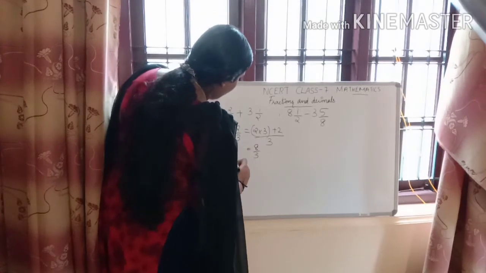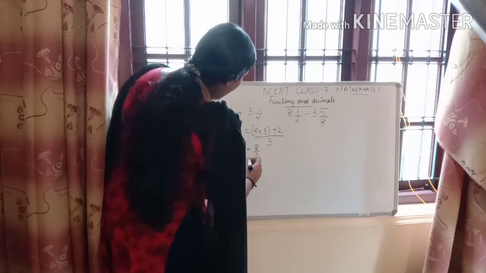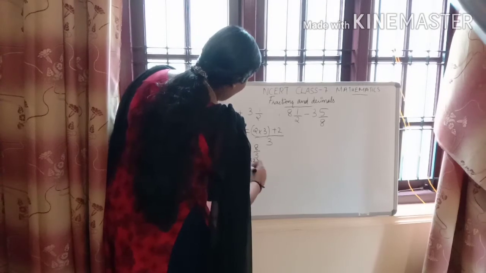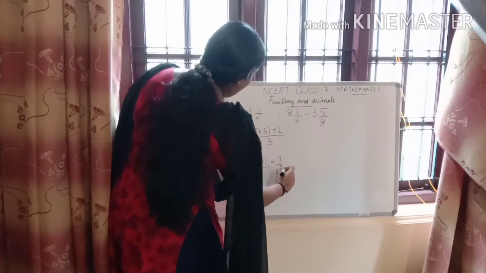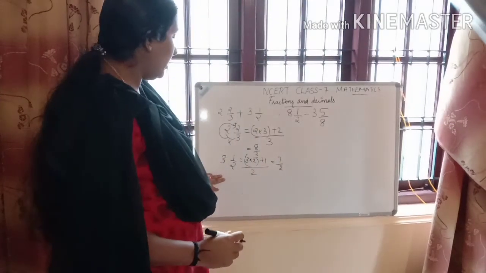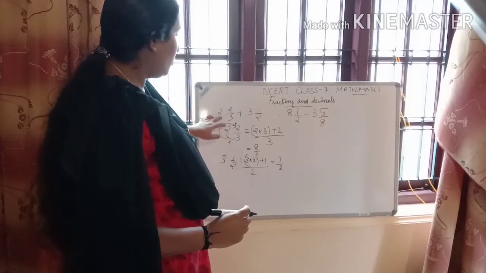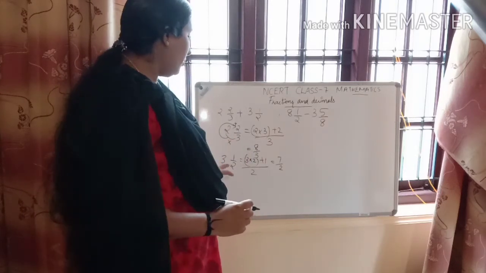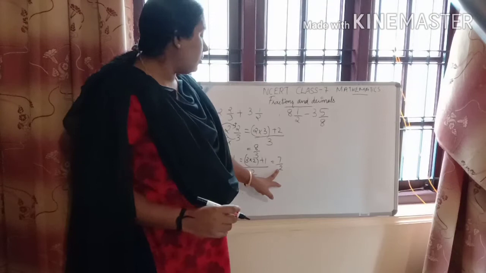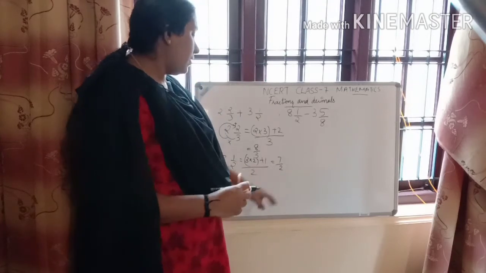For 3 1/2, you get 3 into 2 plus 1, divided by 2. That is 7 by 2. So 2 2/3 is converted to 8 by 3, and 3 1/2 can be converted into the improper fraction 7 by 2.